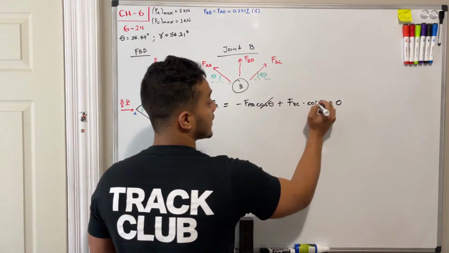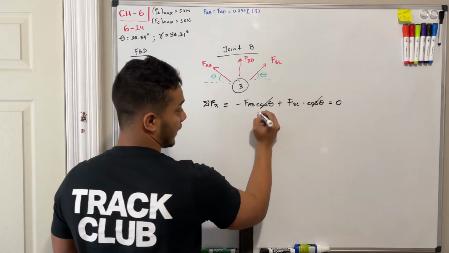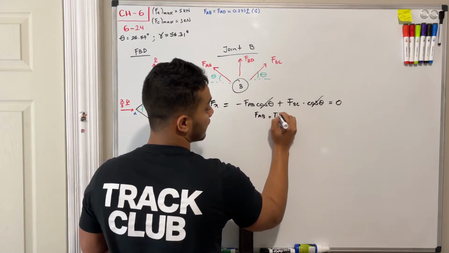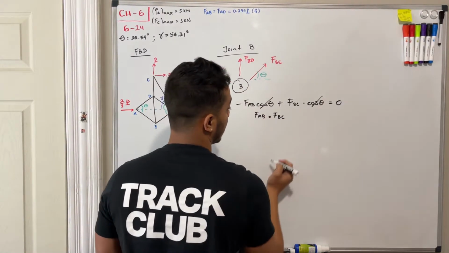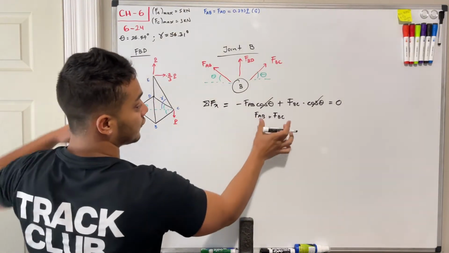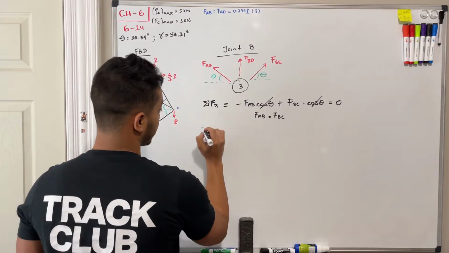Therefore, we can cancel the cosines and we'll figure out that FAB will be equal to FBC. We know how much FAB is, so we already know how much FBC is.